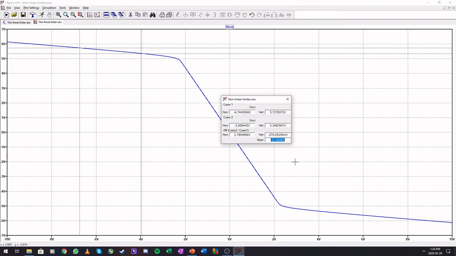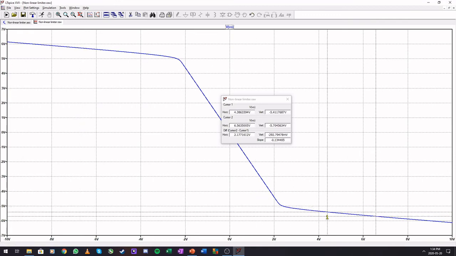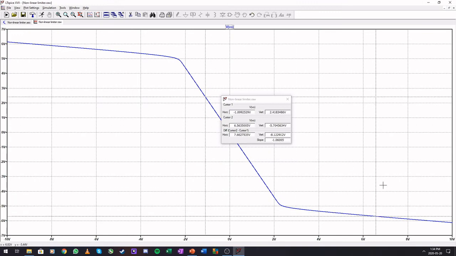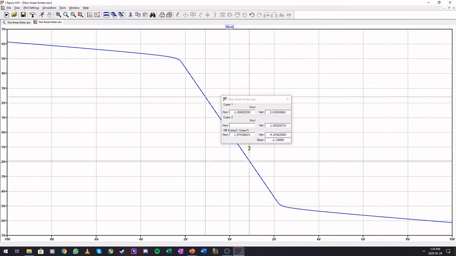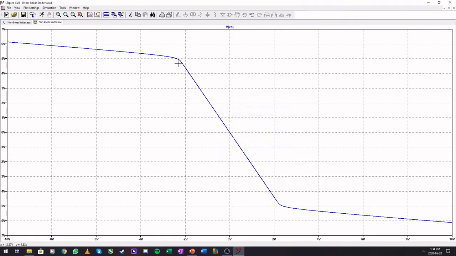Okay, so for our resistor selection, that is very close to the minus 0.125 that we wanted initially. And down here, we have the same. And in the middle of our resistor choices, we should see our gain being 2.2. Okay. So yes, our gain is being limited at different voltages.